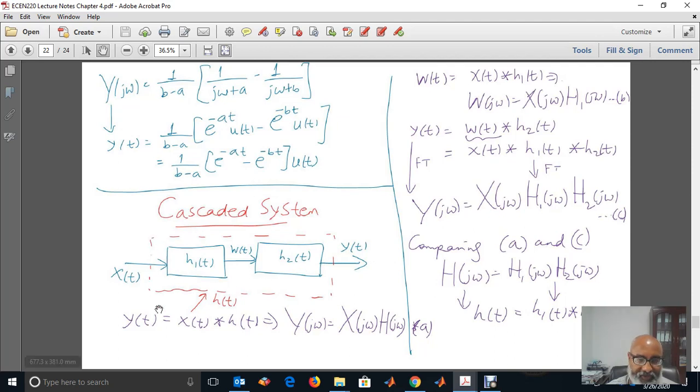So the overall system is h of t. So what is y of t? y of t is x of t convolved with h of t. And in frequency domain, Y of j omega is equal to X of j omega times H of j omega. So the overall system in time domain, h of t, is h1 of t convolved with h2 of t.